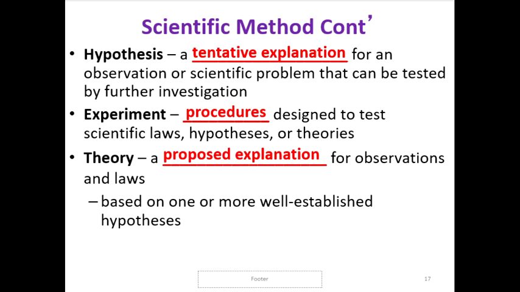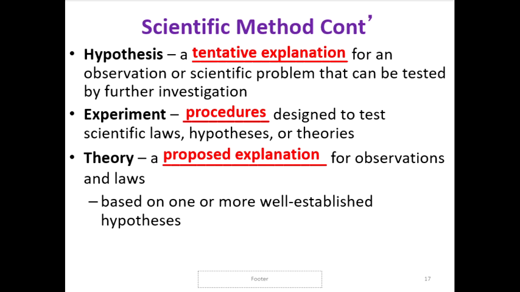For scientific methods, after observation, we have a hypothesis, a tentative explanation for our observation. We need to test that one. We need to check that one. We need to do an investigation. This investigation, we call an experiment.